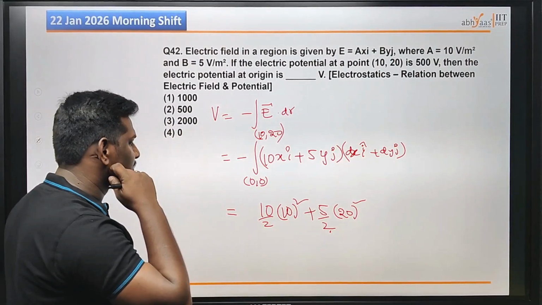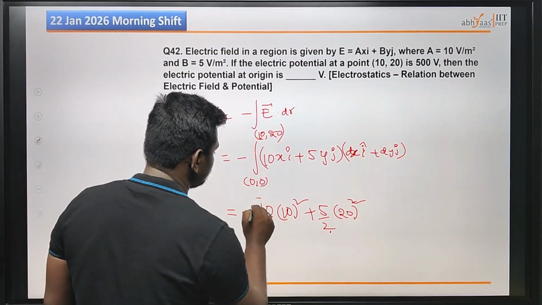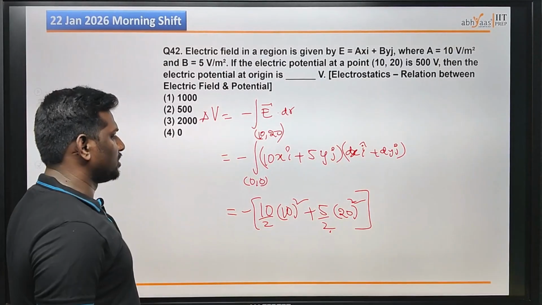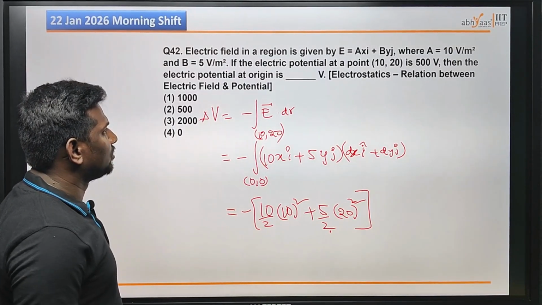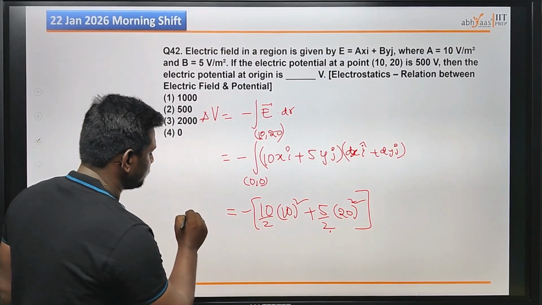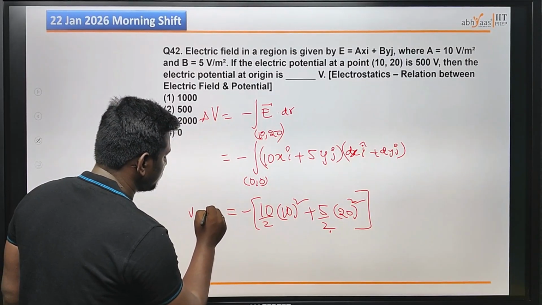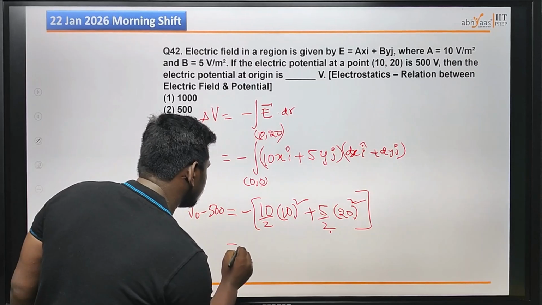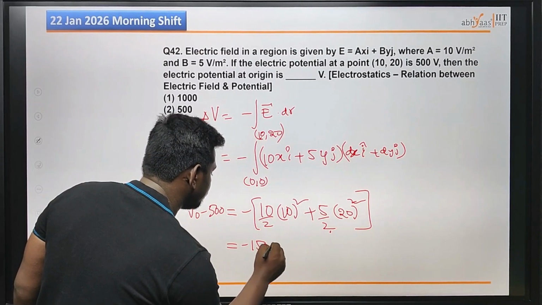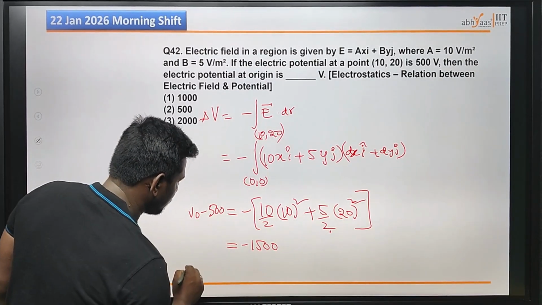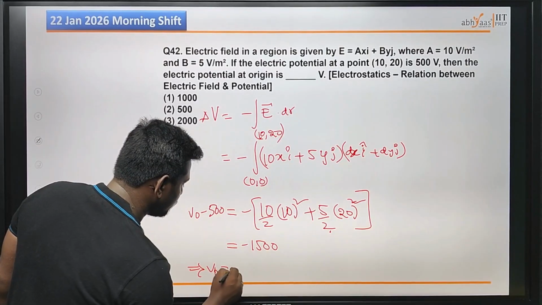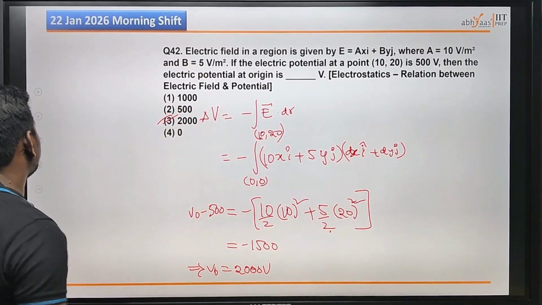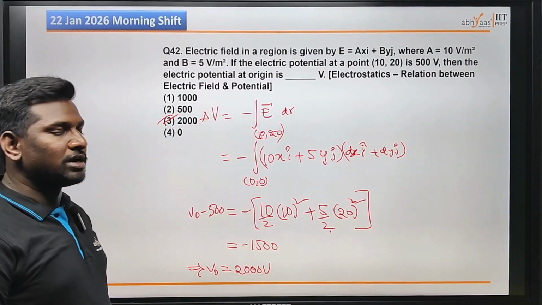Here we have to take the change in potential, final minus initial. What is the initial? 500 volts. If you solve this, you will get 1500. So from this, V naught can be written as 2000 volts. I hope you are understanding.